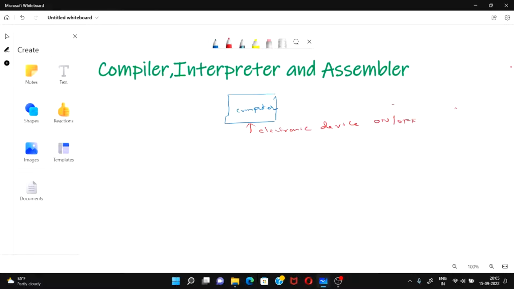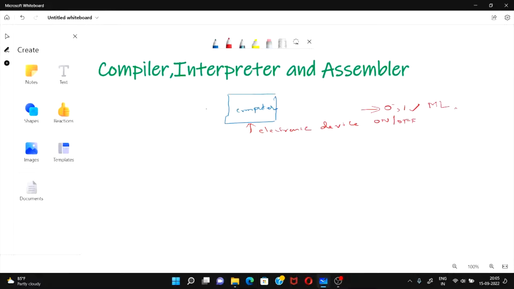So you can take a switch. It's an electronic device. It is going to be operated in two states. Either you can switch it on or off. So simply we can represent it in the form of 0 and 1. So now you can understand that your computer is an electronic device which is able to understand a language in the form of zeros and ones. And this type of language we can call machine language.